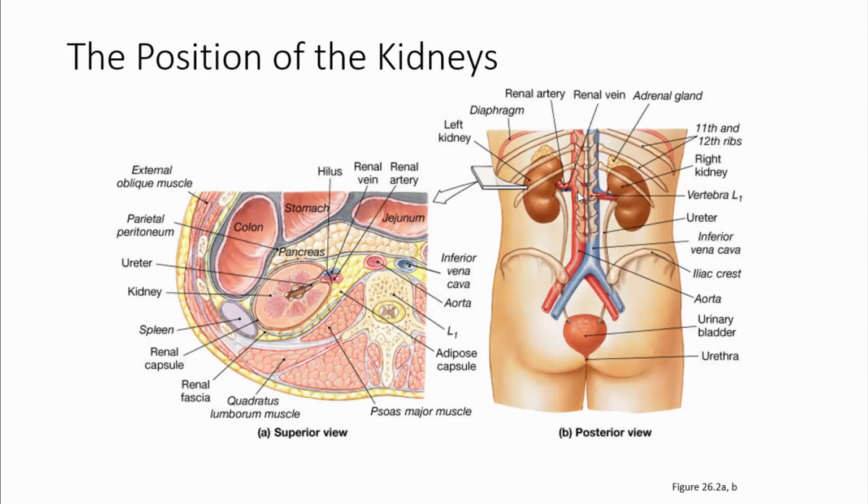The right one has to cross over the body. The inferior vena cava, again, is going to take on blood from the renal vein. On the right, it's shorter. On the left, that renal vein is much longer. And if you ever do cadaver work, just know that the renal vein is going to be on top of the renal artery.